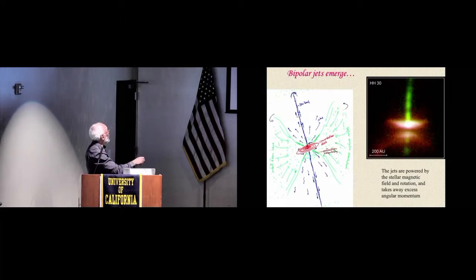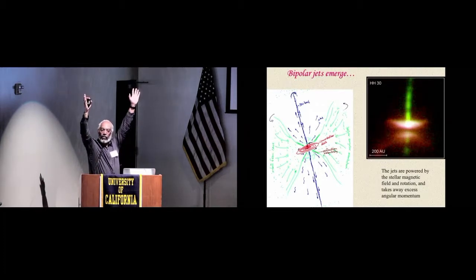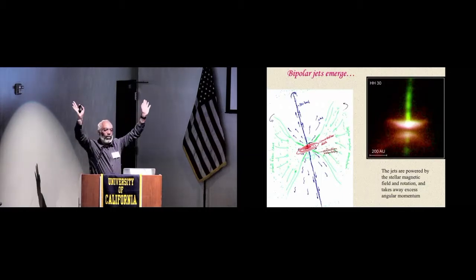And what you're seeing is basically the part of the cloud that's collapsing into the star, kind of collapses from all sides originally. But then the star starts clearing the middle with its own jet, and actually the disk also has a wind flowing off of it for similar reasons. And so they clear out this cavity in the middle of the cloud that's coming in.